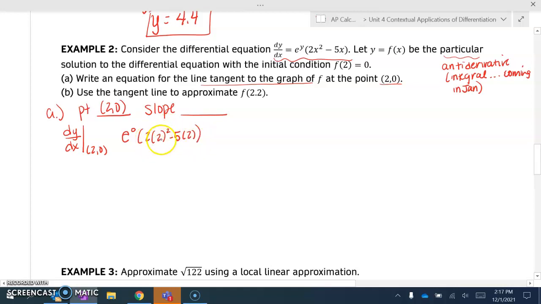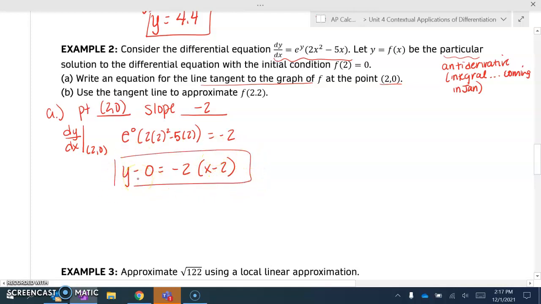So we get 4, 8, minus 10, negative 2, e to the 0 is 1, so we just get negative 2. So the differential is just the derivative at the end of the day. We can use that to find our slope. So the equation of our tangent line would be y minus 0 equals negative 2, and then x minus 2. Okay, so that's part A.